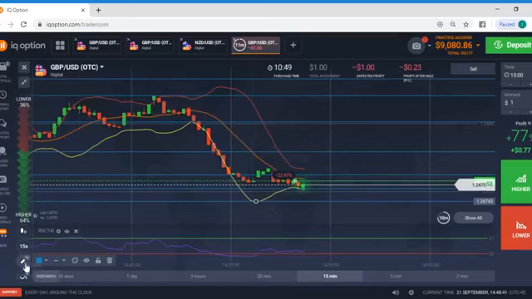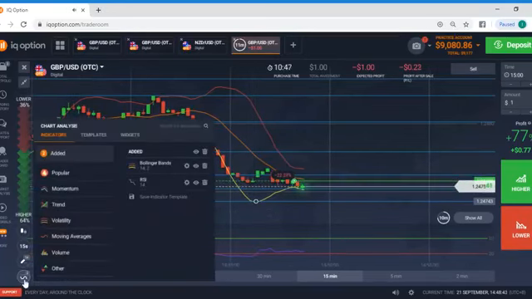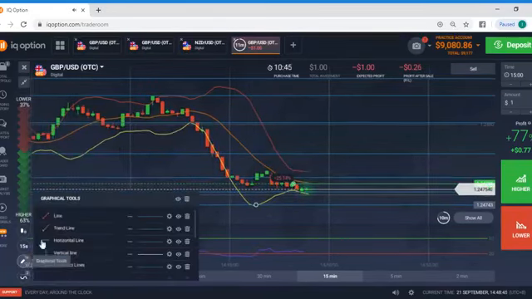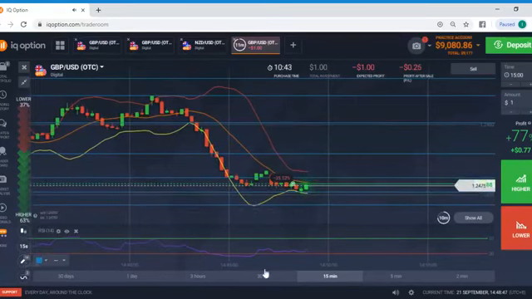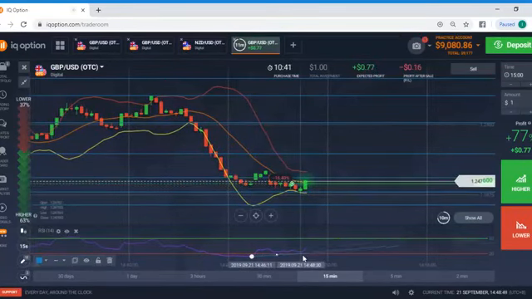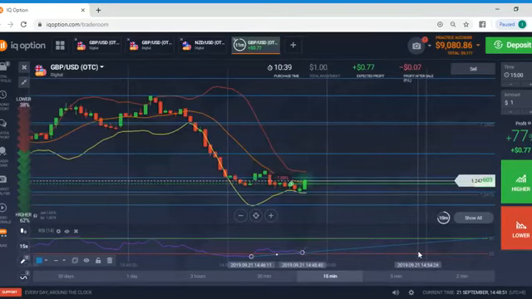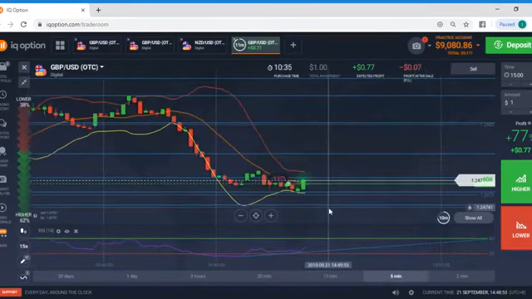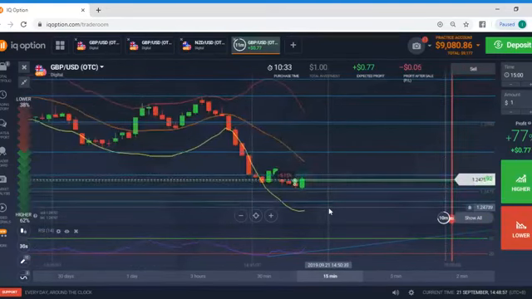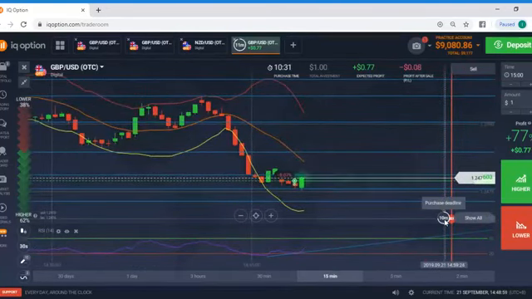Your RSI is now moving in an upward direction. Here's my trend line. Look at that. So it's now moving in the direction that we want. And we have 10 minutes.